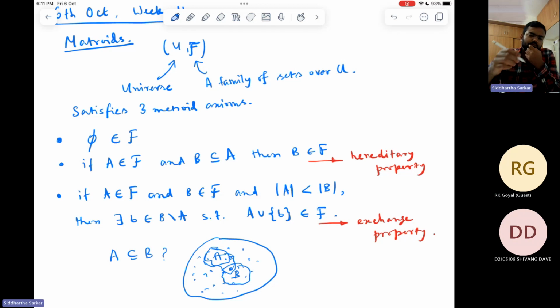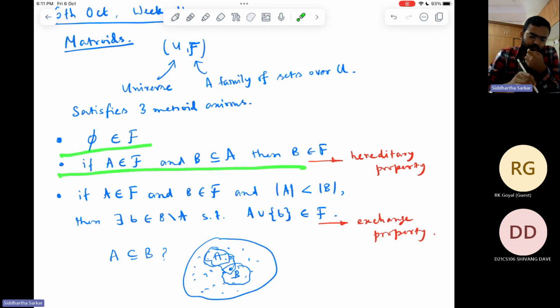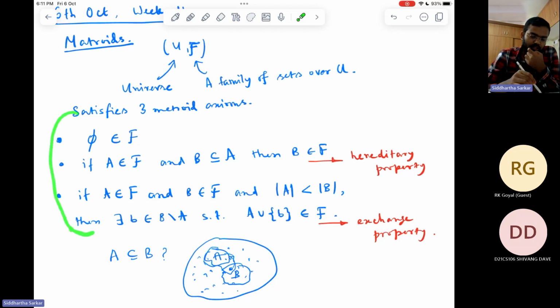That depends on the way the particular matroid is defined. But for a set system to be called a matroid, these three axioms should be satisfied. So you are saying that if there is a set system which is known to be a matroid, and A and B are two disjoint sets which belong to the family F, then is A union B also belonging to F?